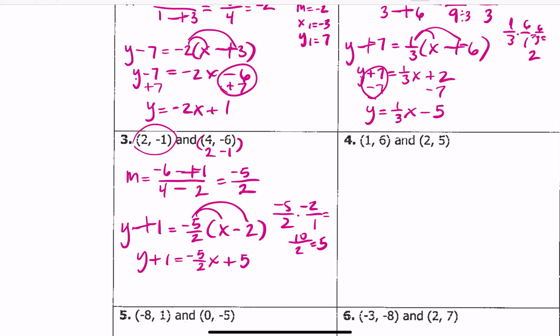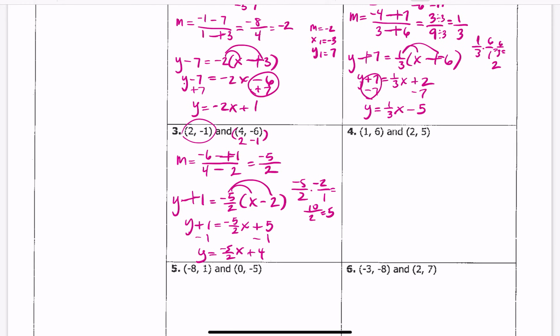And I did that wrong because it's supposed to be a 4. Oh no, actually I didn't do it wrong because if you look, I still need to subtract 1 from both sides. So y equals negative 5 halves x, and 5 minus 1 is 4. There's the 4. So that is the equation for that line.